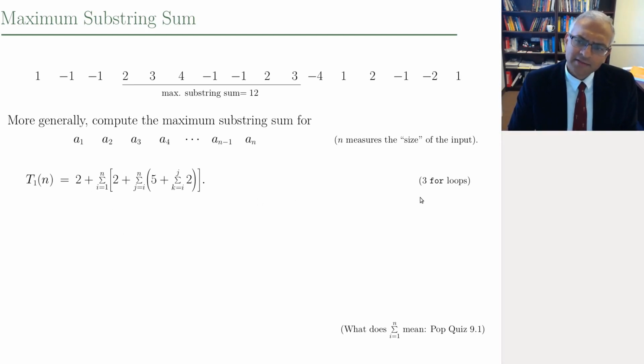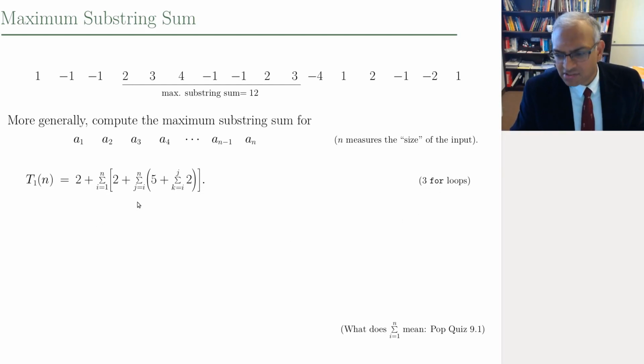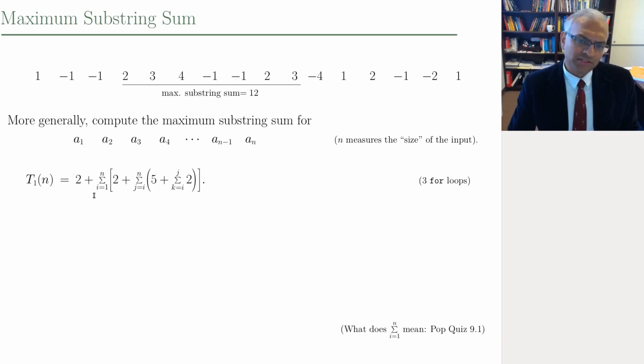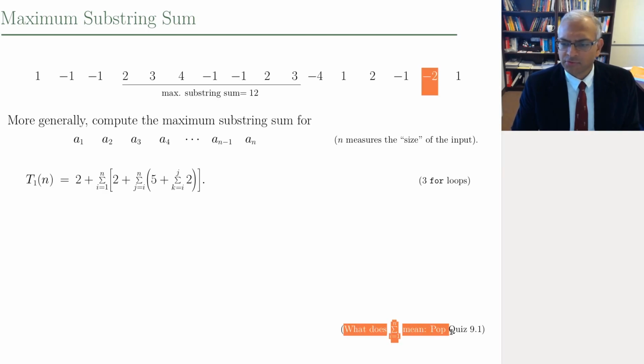Okay, you'll find that this program with 3 for loops will have a running time given by this beast of an expression. Okay, and we call this a nested sum. Okay, actually there are 3 nestings, 1, 2, 3. Okay, and you might wonder, what is this summation notation? This strange-looking character sigma, the sum from 1 to n.